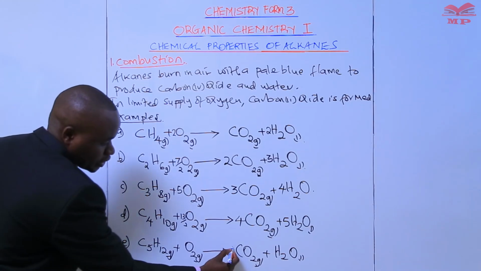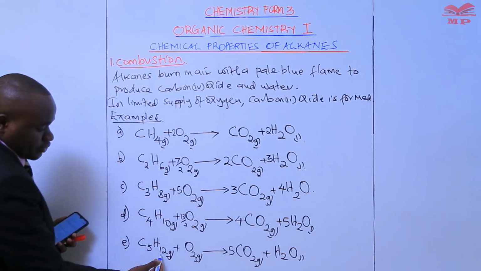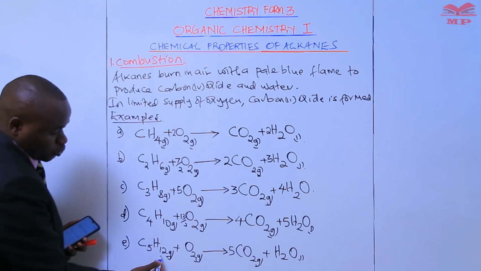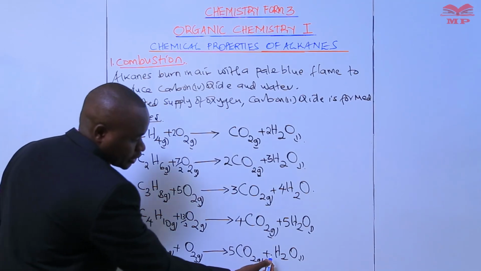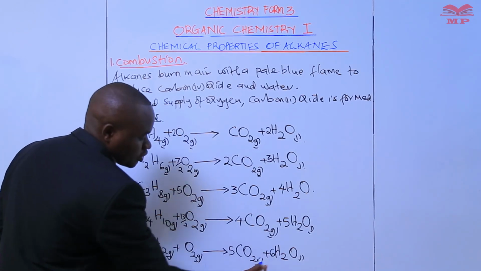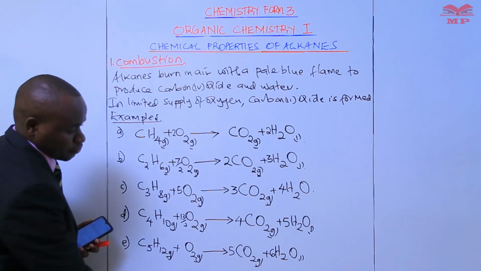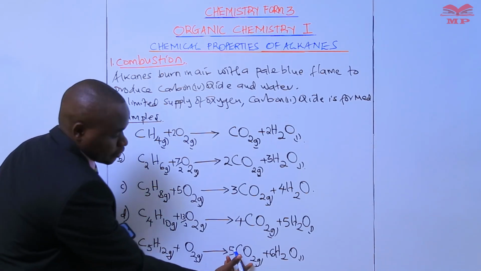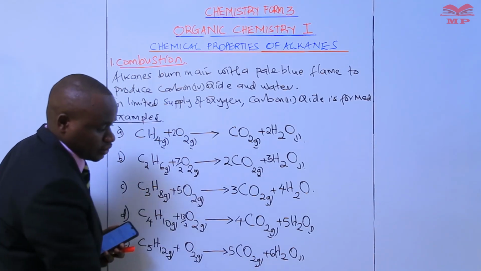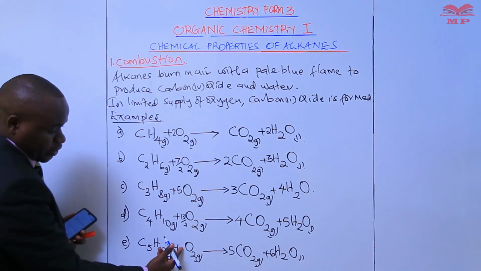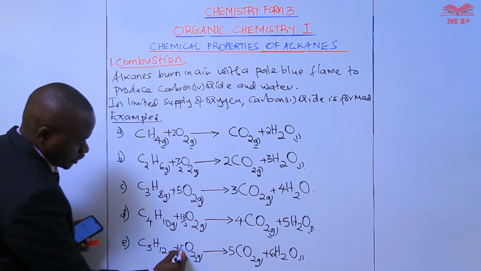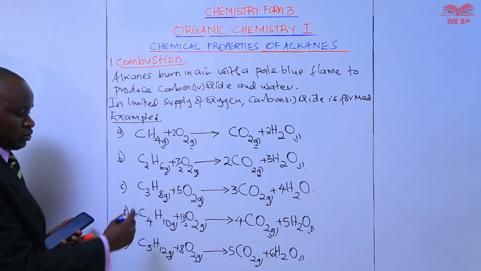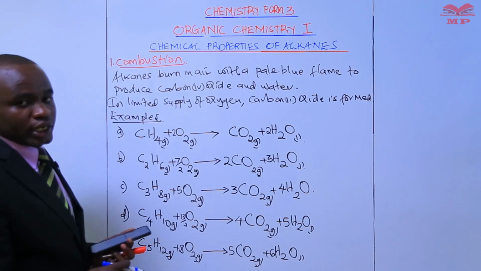So I'll multiply this one by 5. Hydrogen, this is 12, so I multiply the right hand side by 6 to make it 12. Then you finish by oxygen. This is 5 times 2, 10, then plus 6, that is 16. So I multiply here by 8 to make it 16. So that is how we balance such equations.